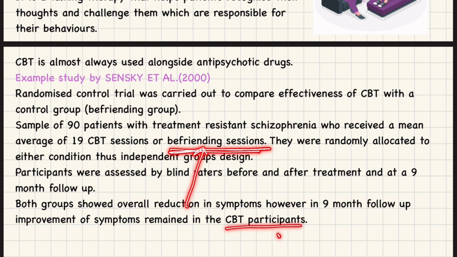However, the CBT participants' improvement lasted up to 9 months. Therefore, it can be concluded that CBT is actually a helpful treatment for schizophrenic patients alongside their antipsychotic drugs.